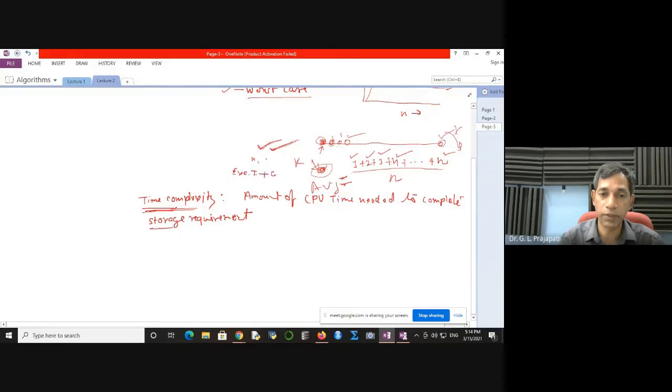Plus compilation time. You know that once you write the program, you need to compile it, and that also takes some time. Once your compilation is done, you are going to execute the program, and then there is the execution time. So if you go for the time complexity, you actually need to determine the execution time plus compilation time.